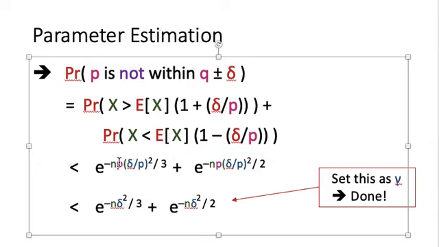Now by doing some algebraic simplification, we will see that the exponents here will have a p contained inside. In particular, let us focus on this case. This is minus np times delta over p squared divided by 3. So after doing some cancellation, this will be minus n times delta squared over p and then over 3.